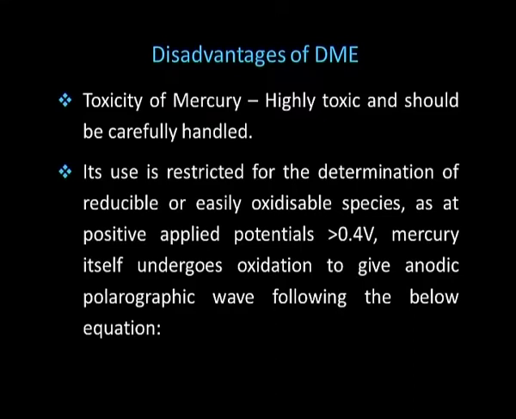Therefore, DME is not a very good technique for carrying out oxidation studies, and the polarographic technique is widely used for carrying out reduction studies. You can see that mercury easily undergoes oxidation to give mercurocyanins, and 2 electrons are evolved.